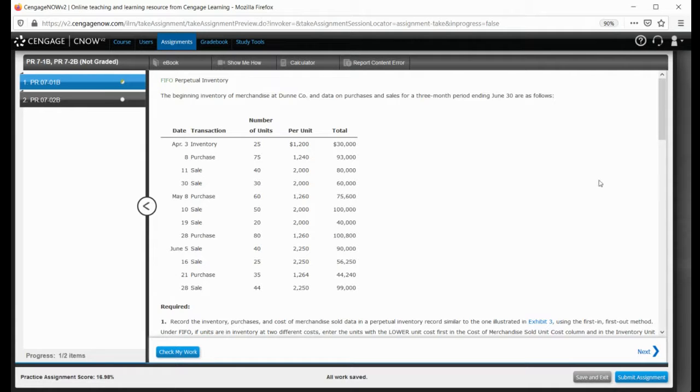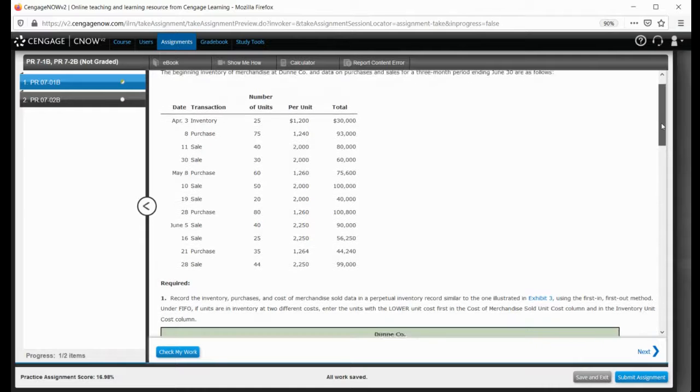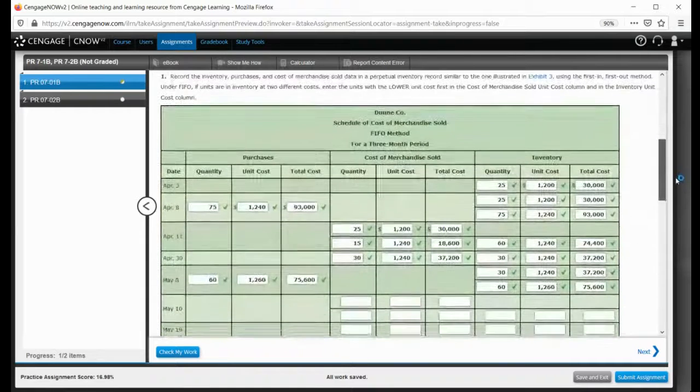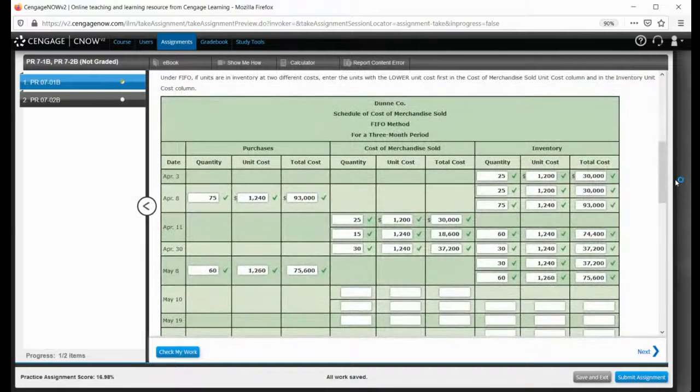Because we want to keep a continuous record of merchandise inventory, in addition to the journal entry, we're going to have to keep up with that information through the cost card. And in this problem, they're wanting you to complete this cost card. So I'm going to go to my purchases column because on May 8th, it was a purchases transaction.